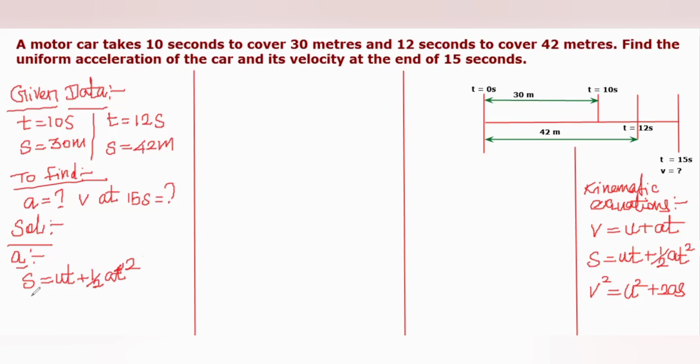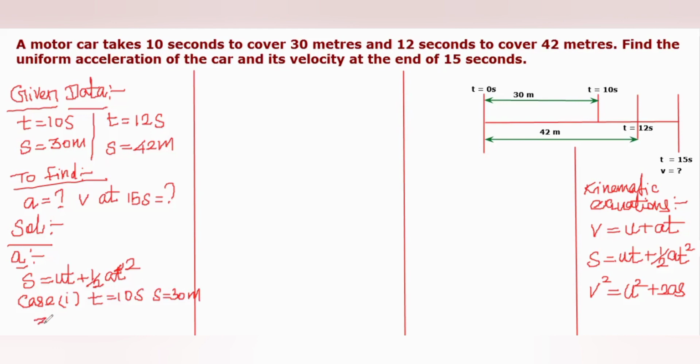First, I'm going to put observation 1, that is, t equal 10 seconds, it travels the distance 30 meters. So substitute case 1, where t equal 10 seconds, distance equal 30 meters, in this equation.